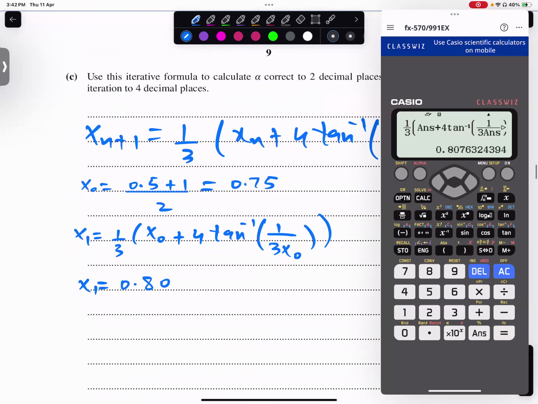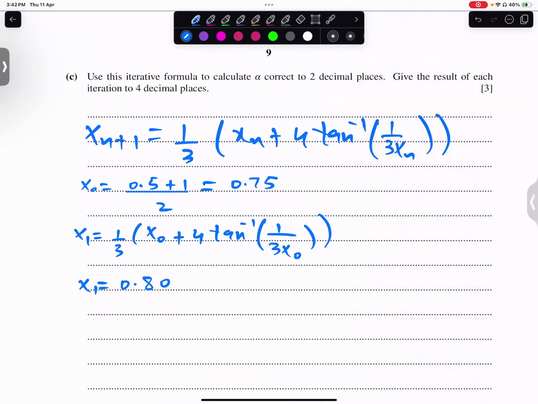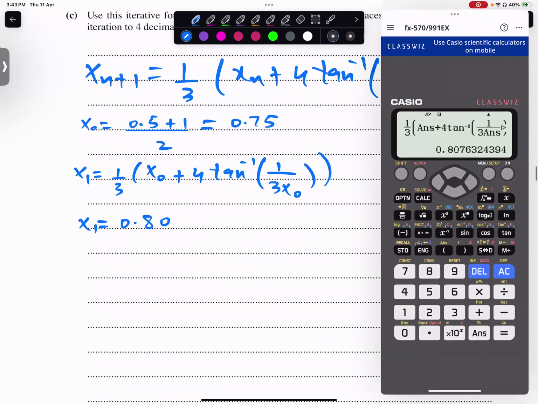You will have to give the answer up to 4 decimal places for each iteration. 0.8076. Now for x2, just press this one more time. You will get 0.79.